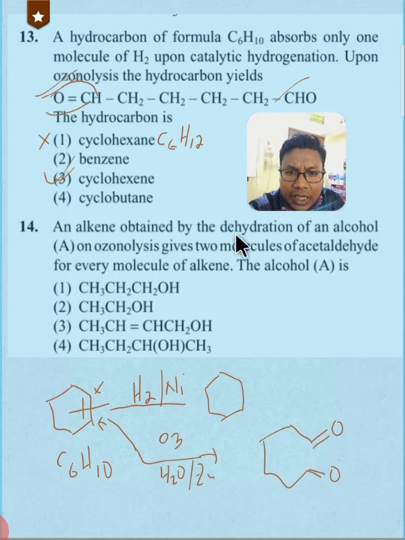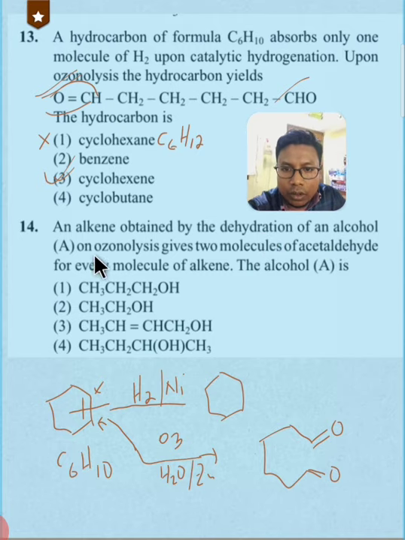An alkene obtained by the dehydration of an alcohol A, on ozonolysis gives 2 molecules of acetaldehyde for every molecule of alkene. What is the alcohol A?